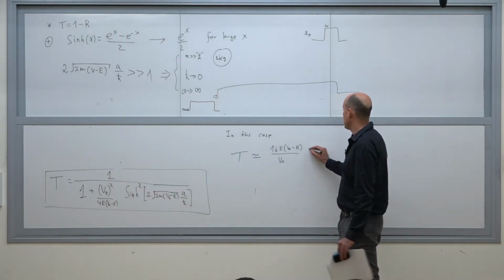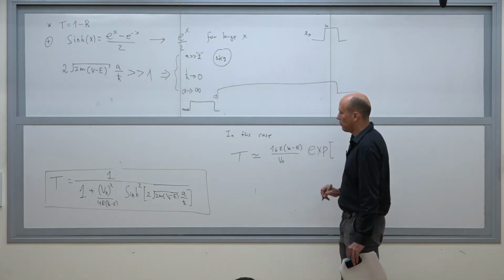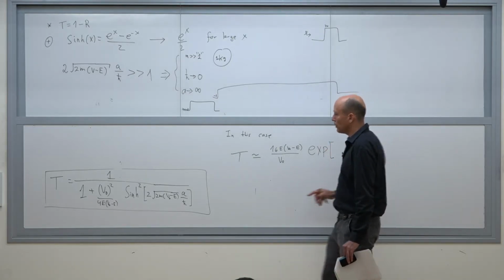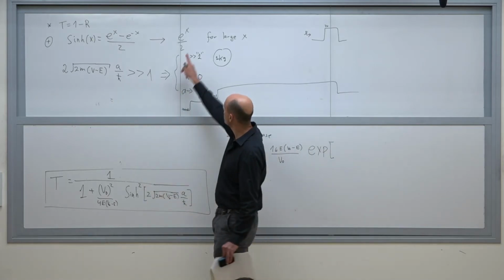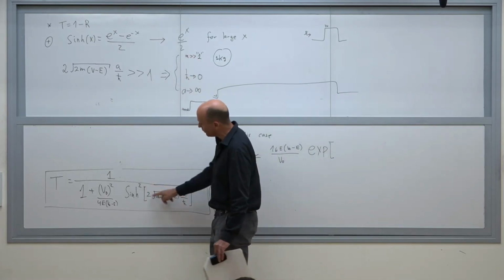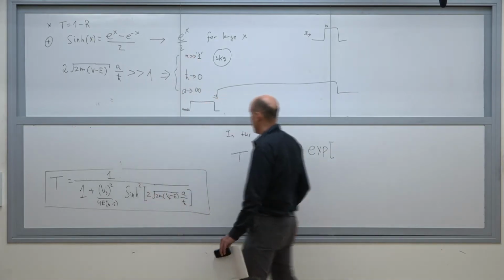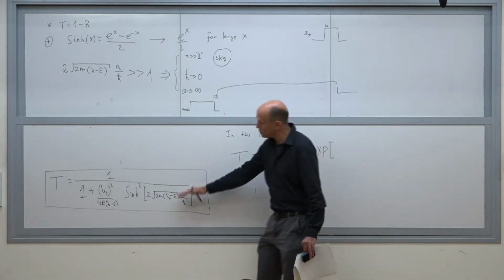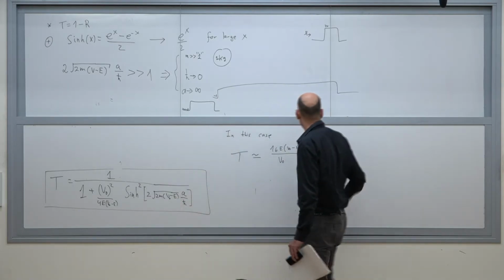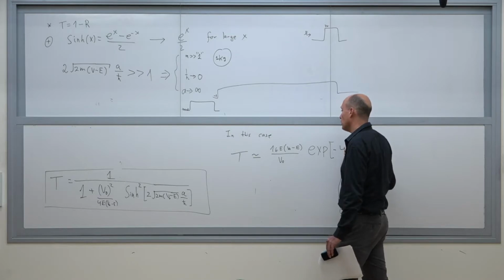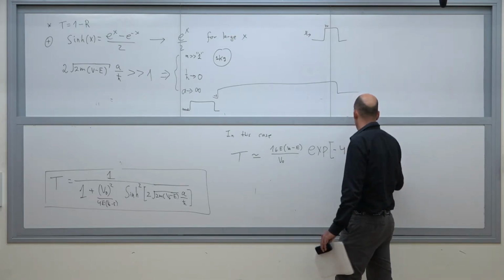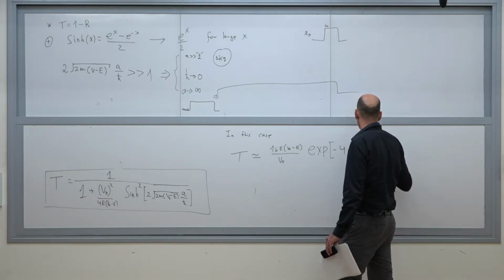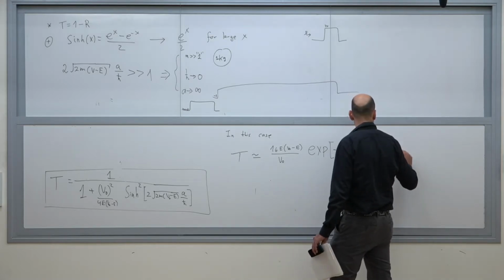And here I'll have exponential of, here I have to the power 2, so this exponential, so all this junk, but multiplied by 2. With a minus sign, because it was downstairs and now I'm putting it upstairs. So here I have 4 square root of 2m(V0 minus E) a over h bar.